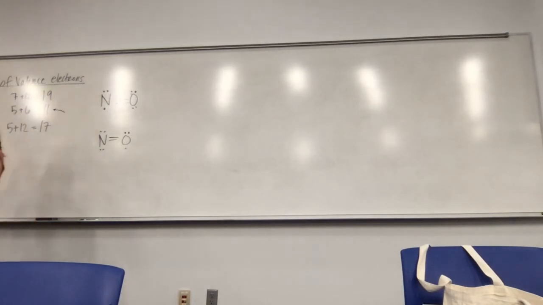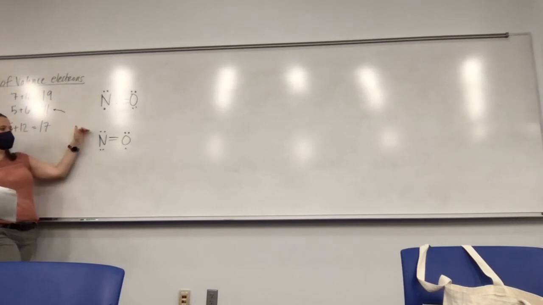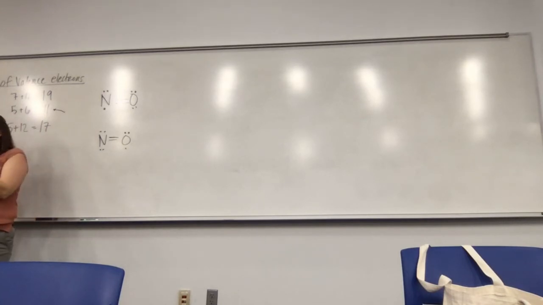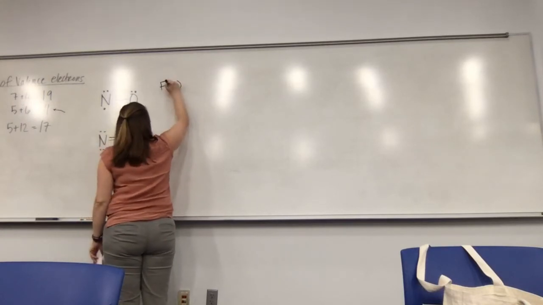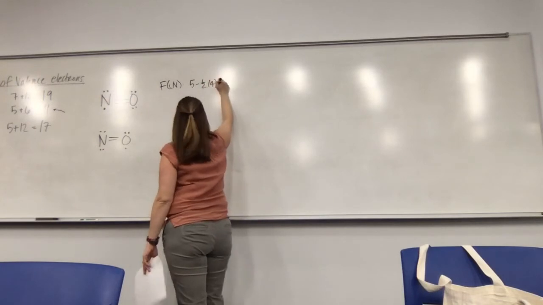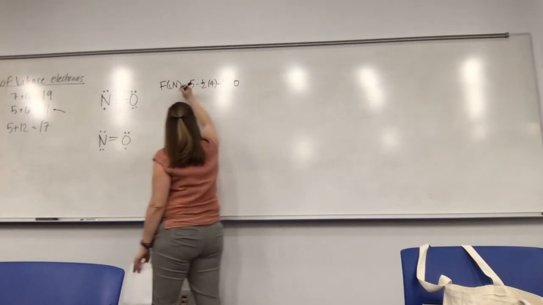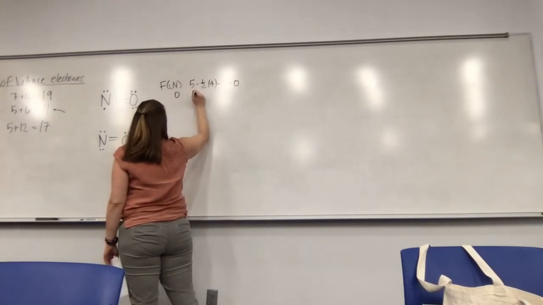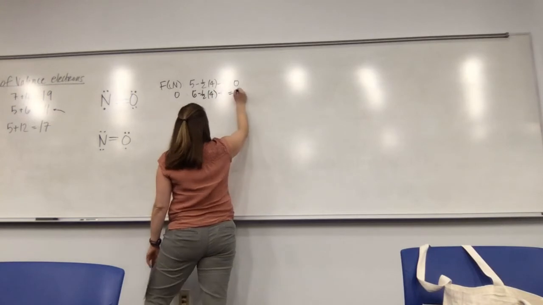Now, we've talked about resonance structures where it kind of moves around. But in this case, one of these is going to be preferred. We have to calculate the formal charges. So the formal charge of nitrogen in this molecule is 5 minus half of 4 minus 3, which is 0. For oxygen, it's 6 minus half of 4 minus 4, which is also 0.